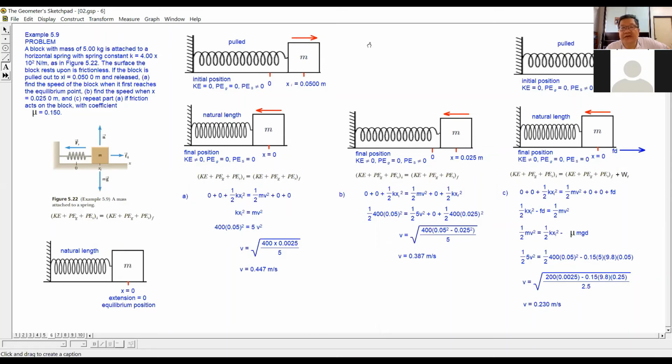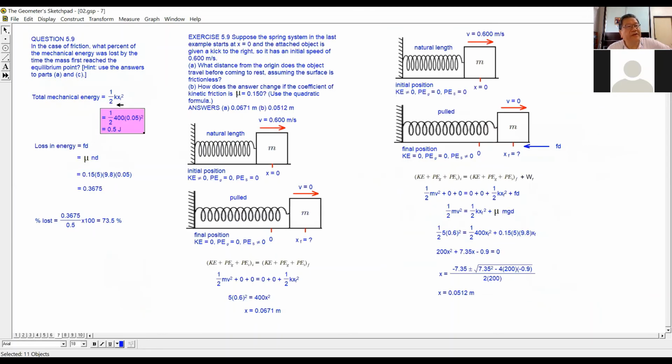At the initial position here, stretch the spring, stop there. How much energy do I have here? Half kx squared. This is the total energy that I have.